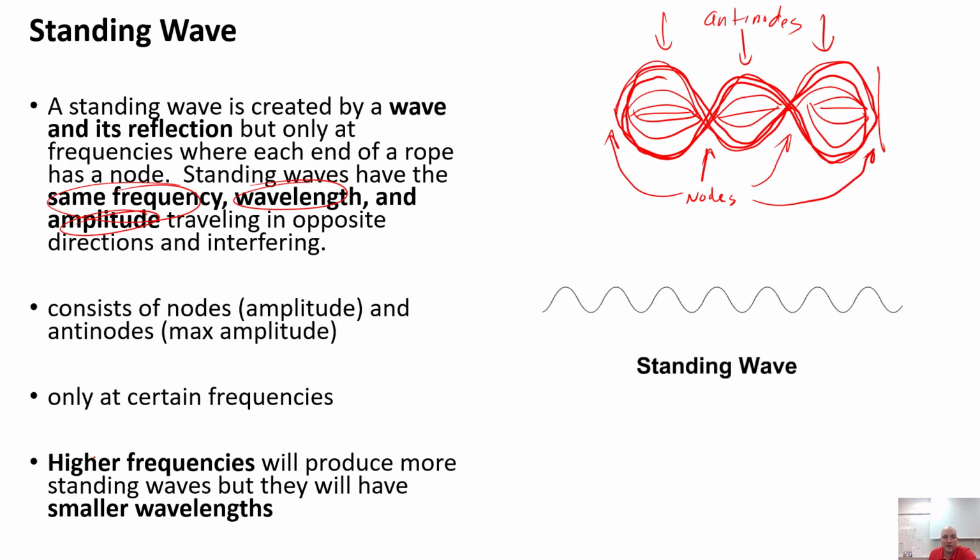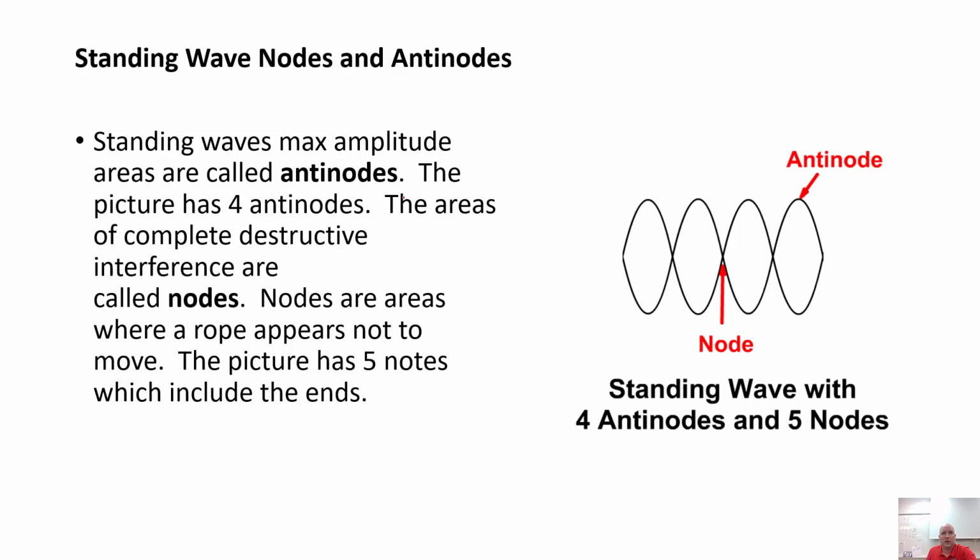But here I'm just getting at the higher the frequency, the more waves you have, the smaller the wavelengths. And therefore, the lower the frequencies, the bigger the wavelengths. So here's a standing wave with 5 nodes, 1, 2, 3, 4, 5, and then 4 antinodes. It's always going to have one more node than antinode.